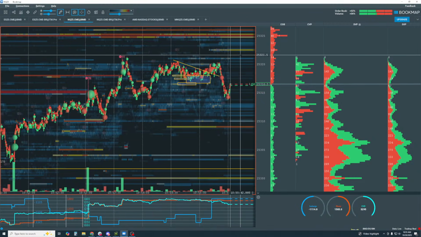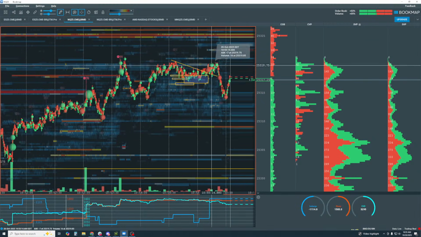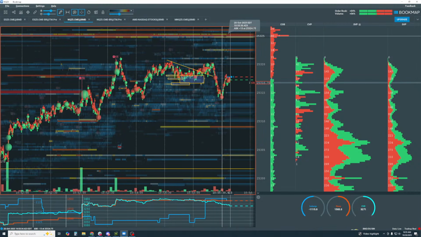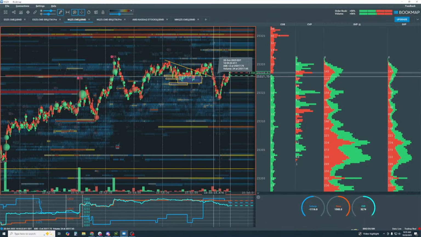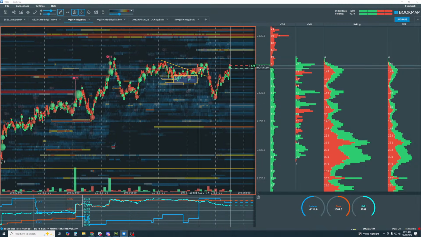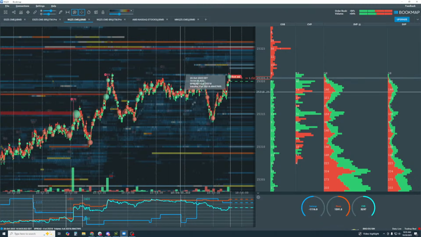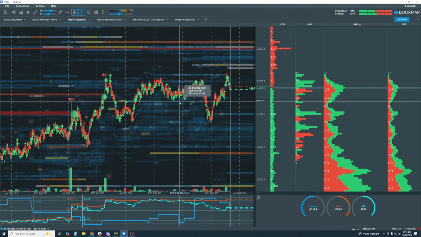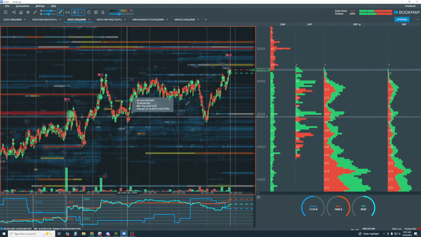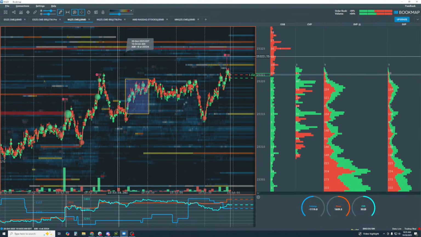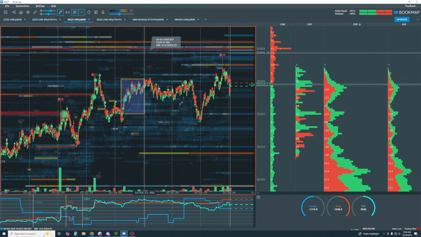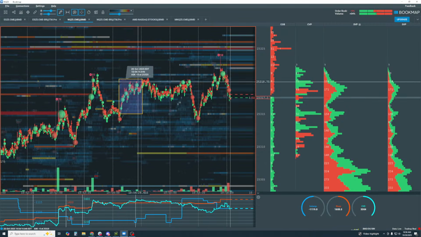It exhausts out, and then you get a nice continuation move. So it's different, and it makes sense though. Why does it work? Because what we're leaning on at that point is not the accumulation passively. We're going with the aggressors, and we're going with the impulse move as what is defining the move. I hope that makes sense, because that's what we're leaning on here.